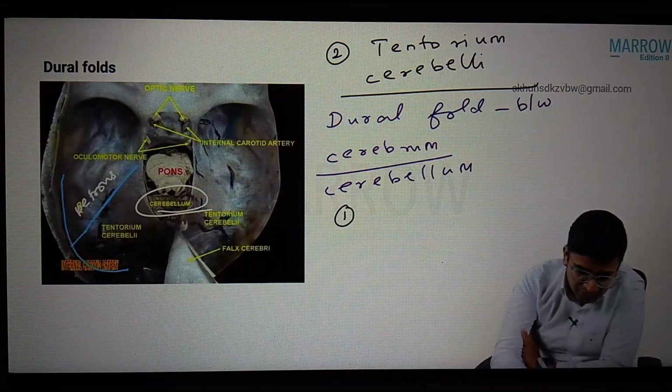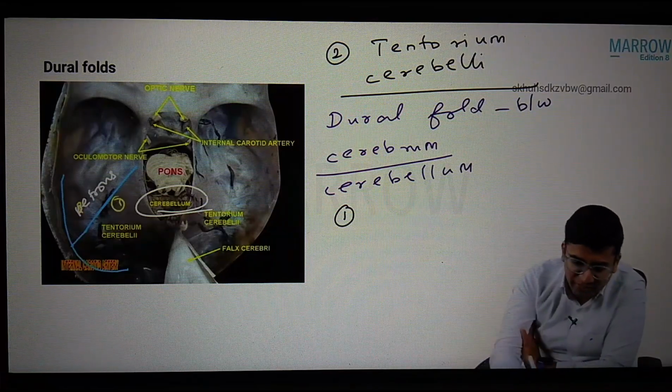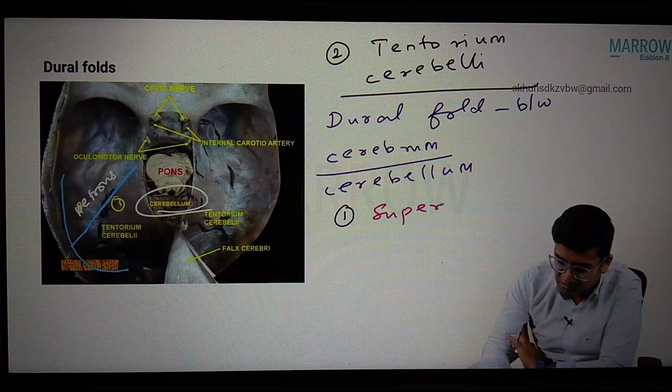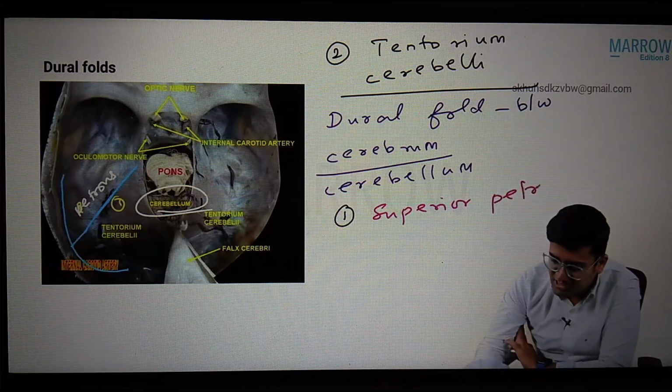So tentorium cerebelli contains, number one, superior petrosal sinus.